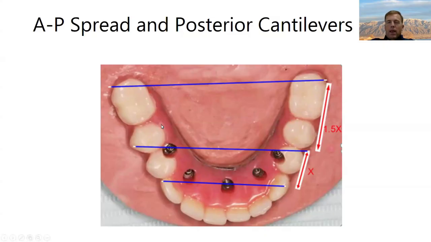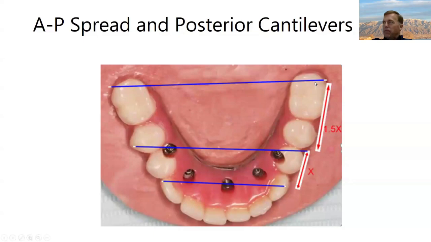So let's compare a cantilever case, again, in theory, with a no cantilever case. Let's say that I have a 2-to-1 AP spread. So if I have a 10 millimeter AP spread with a 20 millimeter cantilever, and I put 25 newtons on the distal, then right here, I'd be using 50 newtons to try to stretch this screw or pull this implant out, something bad.